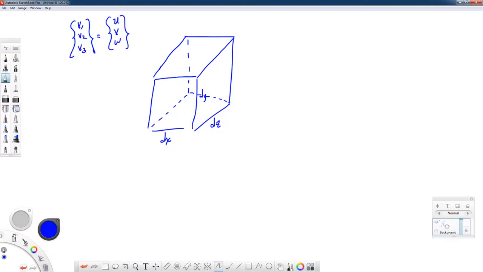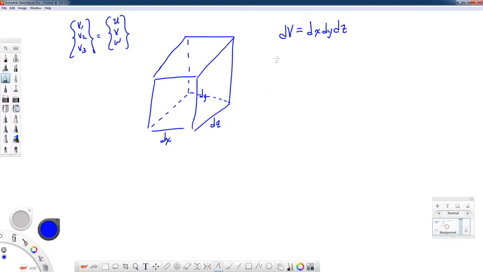So here I have a small unit cube with infinitesimal side lengths dx, dy, and dz. The volume of this cube then is just the multiplication of those three values. So dV is equal to dx dy dz.